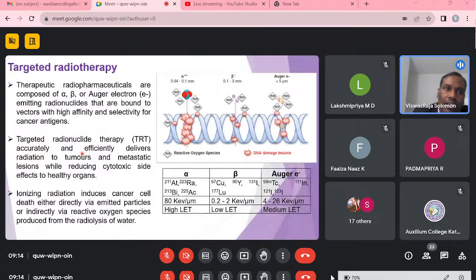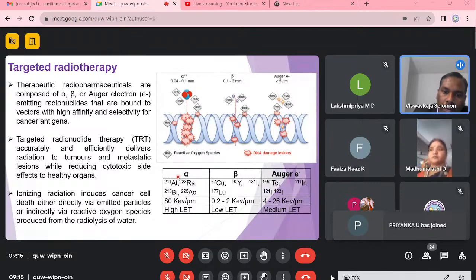Again, as I said, we can use this tracer for radiotherapy. If you want to use this tracer for radiotherapy, we have to label it with different isotopes, like alpha particles, beta particles or Auger electrons. What are the isotopes that emit alpha particles? Astatine-211, radium-223, bismuth-213, actinium-225.